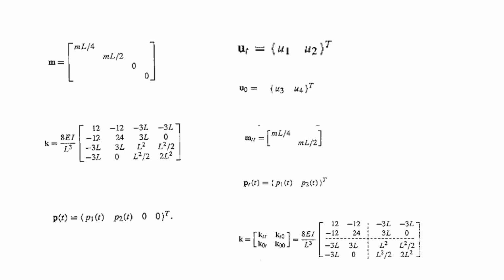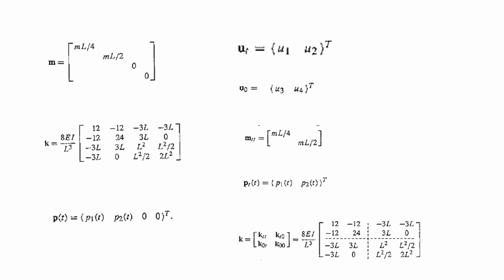And KT0 is minus 3L, 3L, minus 3L, 0. These are those which are associated with the rotational degrees of freedom. So we actually tear the matrix apart into four components, four matrices.